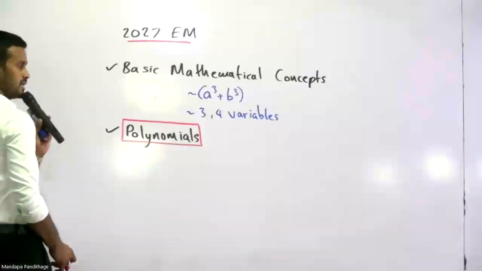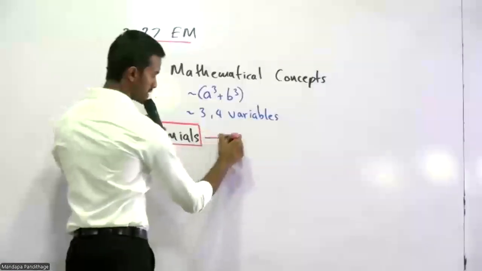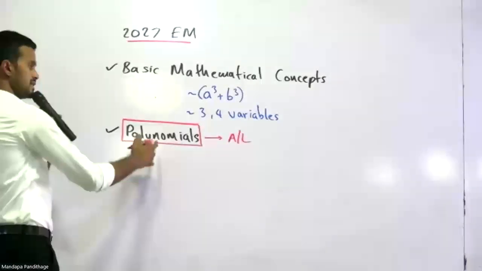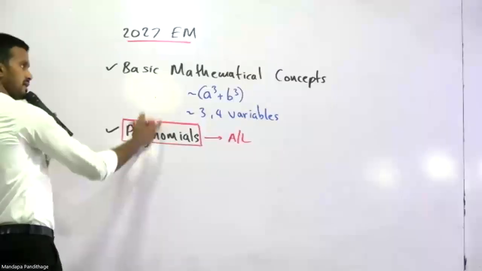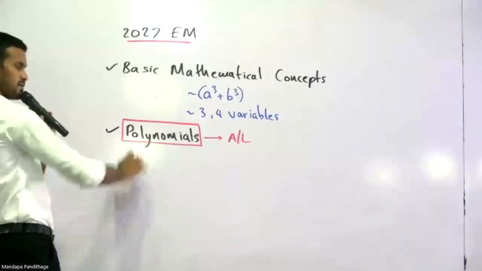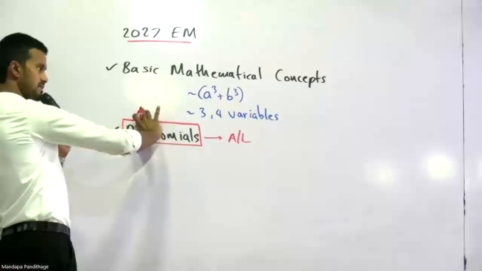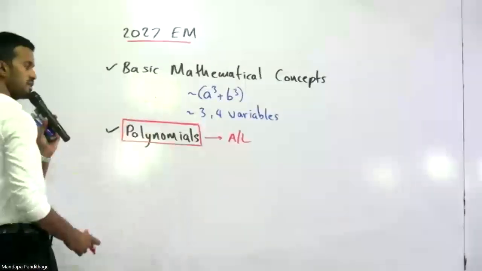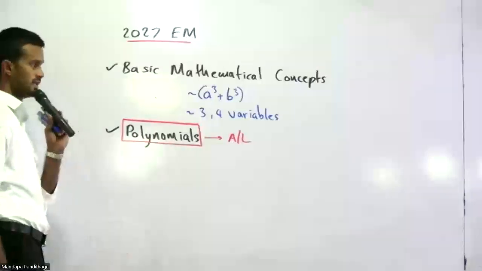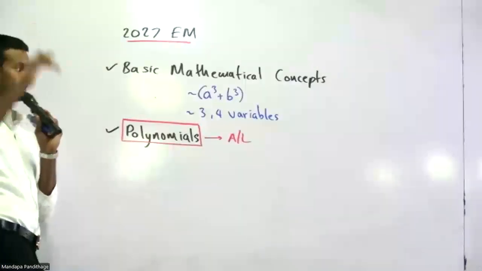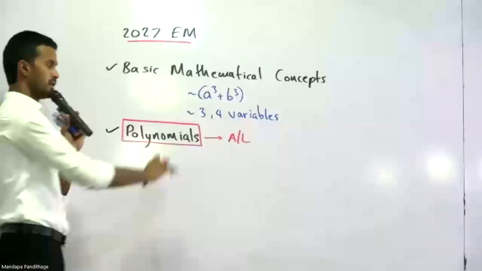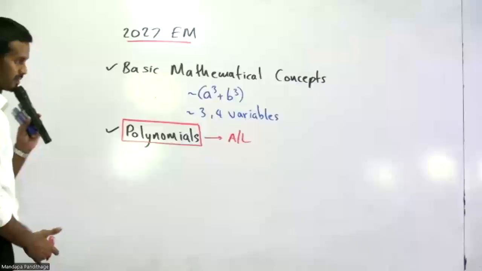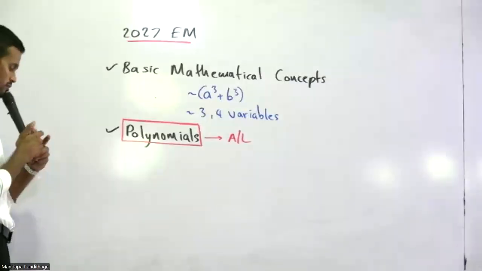But in polynomials, we had A-level questions. So I started it straight after basic mathematical concepts, because when you do these A-level questions, you get a boost of confidence. A-level is the standard you are getting. If you are capable of doing those questions, you get confidence about the A-level exam and the subject. So that's why I started polynomials.